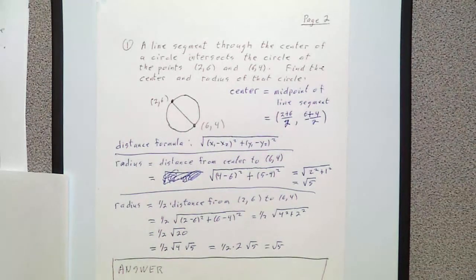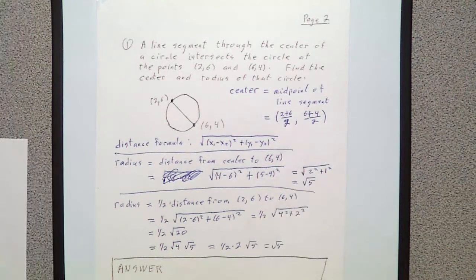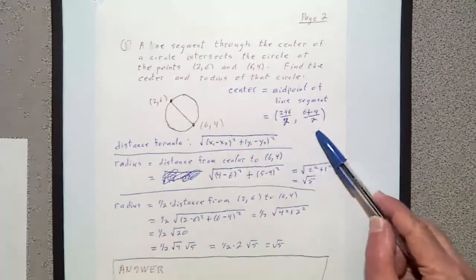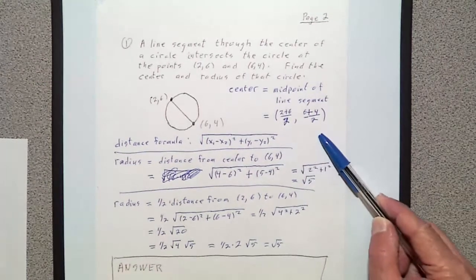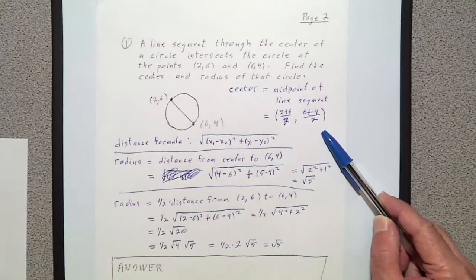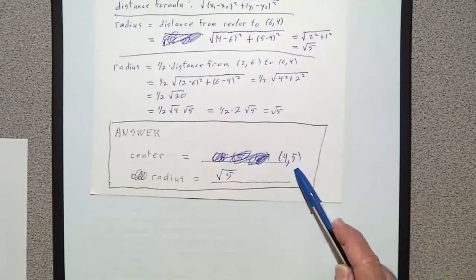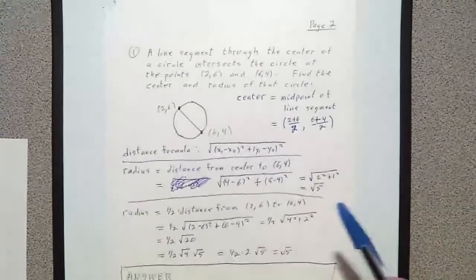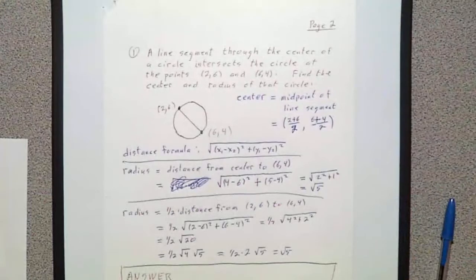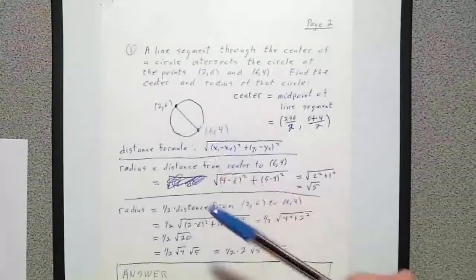Okay, so the midpoint formula is the average of the x coordinates, 2 plus 6 over 2, plus the average of the y coordinates, 6 plus 4 over 2. And so the center is (4, 5). Now, to find the radius, it is the distance from the center to the endpoint.